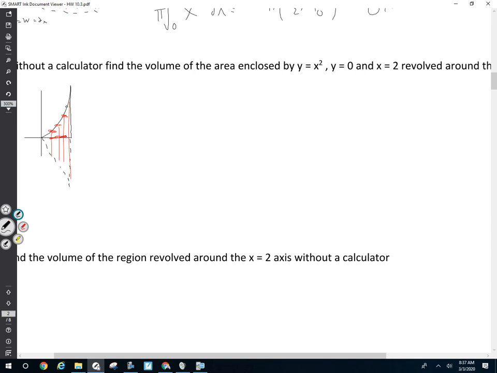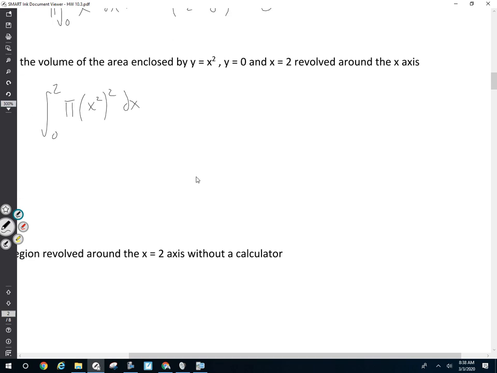They are vertical rectangles. So the skinny height is a width, which is a dx. The radius is the height, which is an x squared value. Infinite sum from a left to a right, 0 to 2, of pi r squared, so that's x squared squared dx.